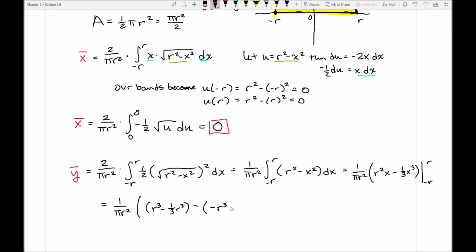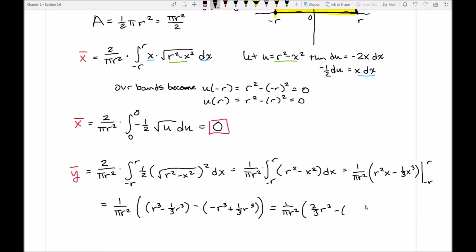And then over here, I would ultimately end up with a plus 1/3 r cubed. And if I attempt to simplify this down a bit more, I can see that, well, here I have 1 r cubed, and here I have a 1/3 of an r cubed, and they're being subtracted. And so what I should end up with is 2/3 of an r cubed.